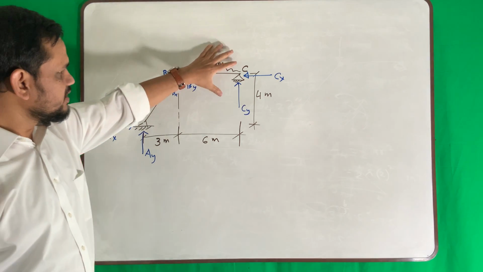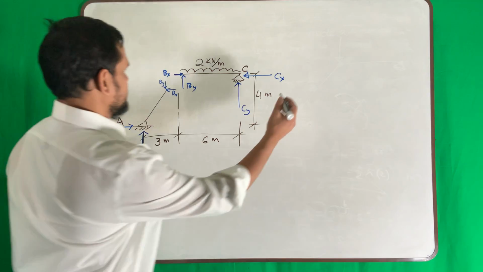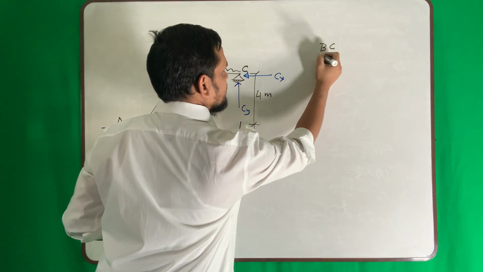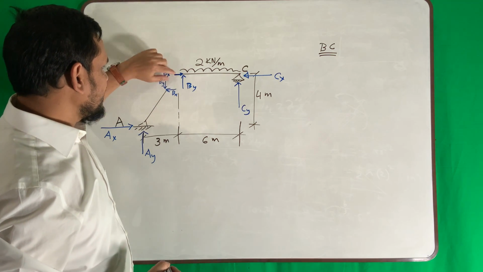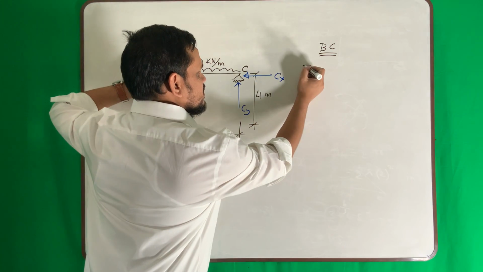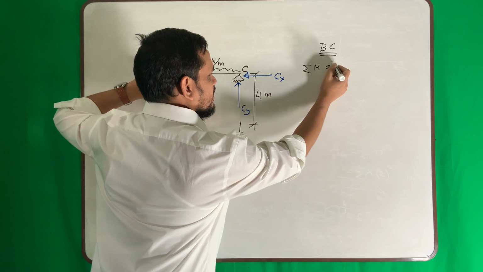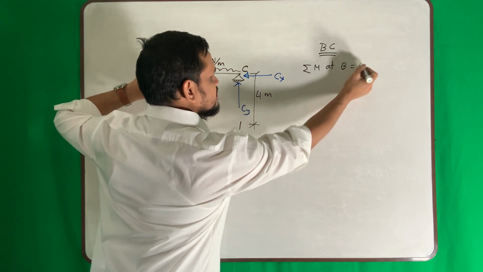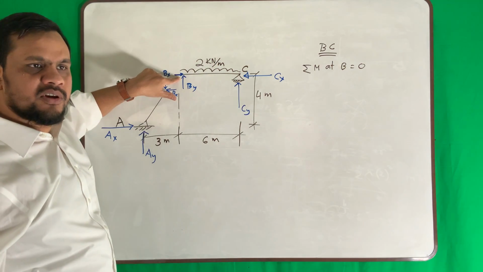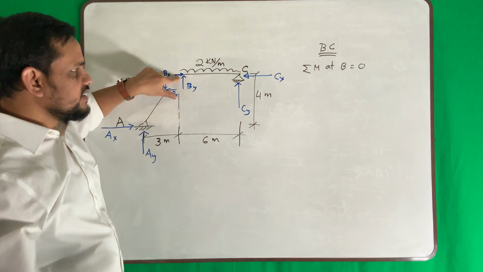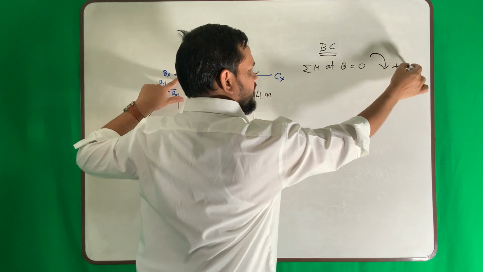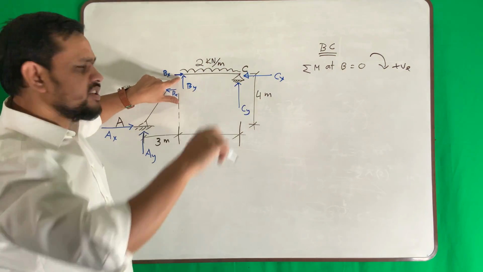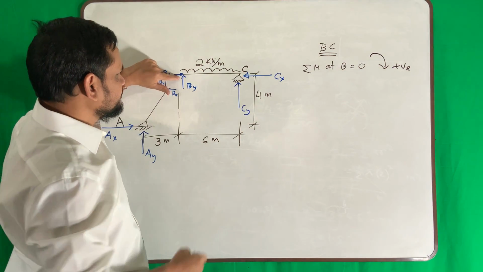If I consider this part, the BC member, and if I take moment at B, summation of moment at B is 0. Assume a sign, say clockwise moment is positive.